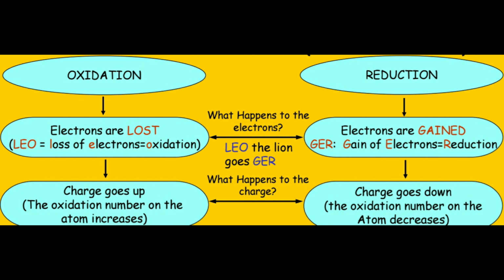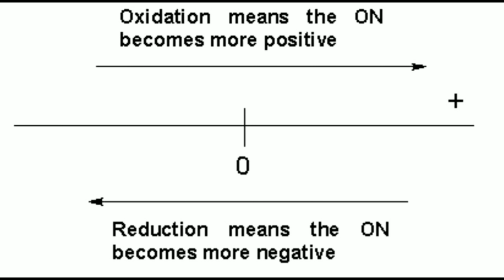Since one element loses an electron, another element must gain it, as matter cannot be created or destroyed. So the opposite of oxidation is called reduction. Every oxidation must happen simultaneously with a reduction. When electrons are gained, it is called a reduction, and the charge goes down.